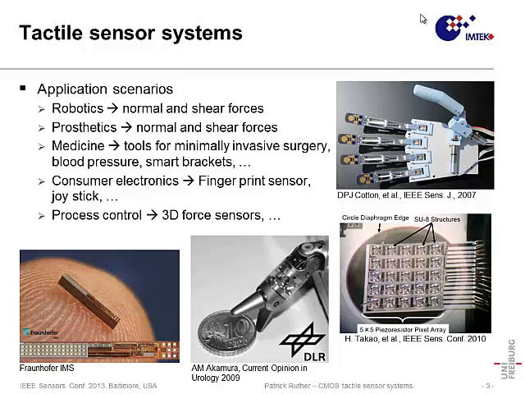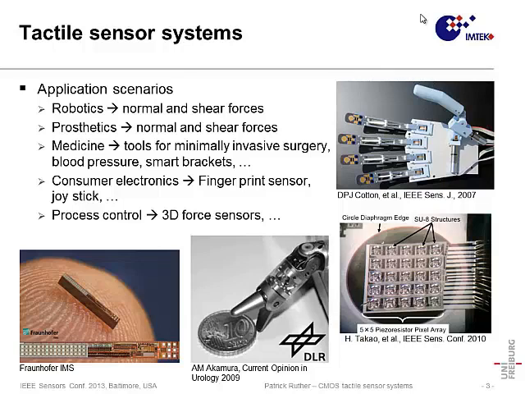We find them in medicine, and one example was shown this morning in the plenary presentation of Bob Pierce. This is a pressure sensor, but we also have them in small miniaturized surgery tools that give feedback to the surgeon about what kind of tissue he or she might cut through. But we also have them in something that is highly related to our smart tooth, namely in smart brackets.